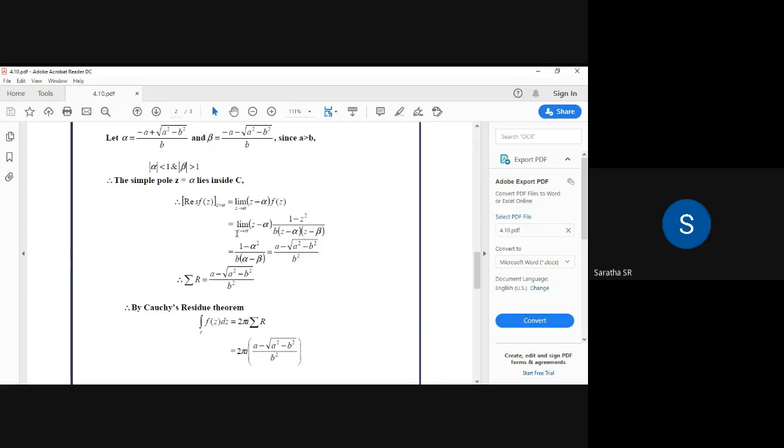Yes, here we have to replace z by alpha only. This z minus alpha will be cancelled. So after that, you replace z by alpha here. So we'll get 1 minus alpha square divided by b into alpha minus beta. We got it. For the simplicity only, we take that alpha and beta value. Otherwise, you have to write these two values, it's very lengthy. Because of that reason only. Otherwise, it is not a problem. If you want, you can write that itself. That is your wish only.